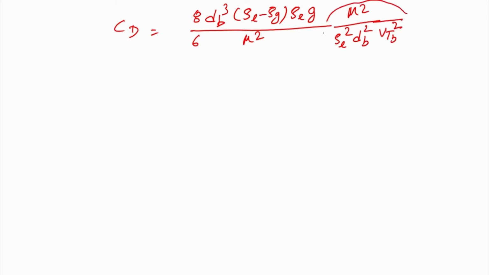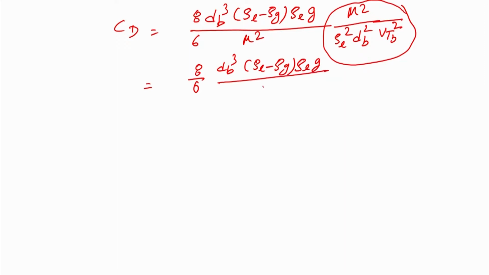Now, this function is nothing but 1 upon Reynolds number square. So, I can write it as 8 upon 6, dB cube rho L minus rho G into rho L into G upon mu square, and this will be 1 upon Reynolds number square. Because this is based on the bubble, I will say Reynolds number of the bubble, so bubble Reynolds number square.